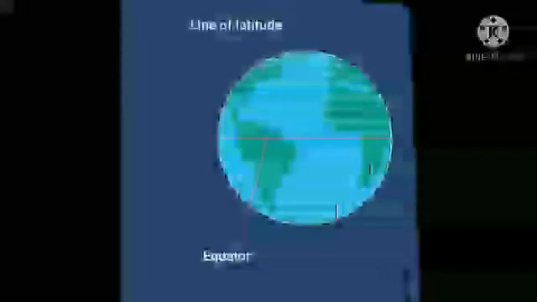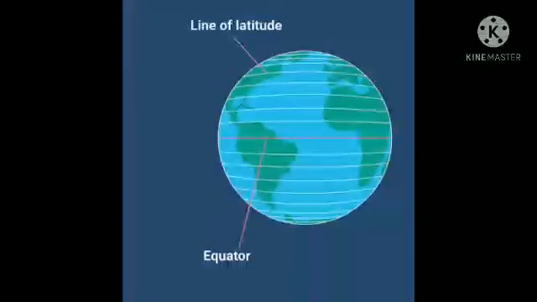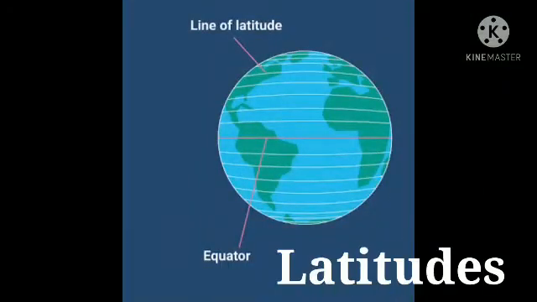So what are latitude lines? Latitude is the angular distance of a point on the Earth's surface from the center of the Earth, and each latitude is an imaginary circle parallel to the equator and at right angles to the polar axis.